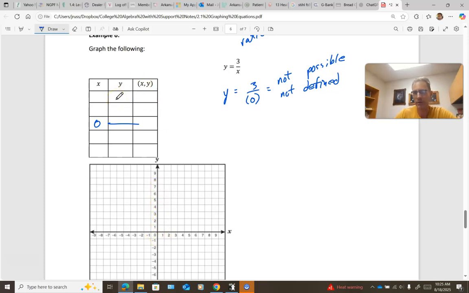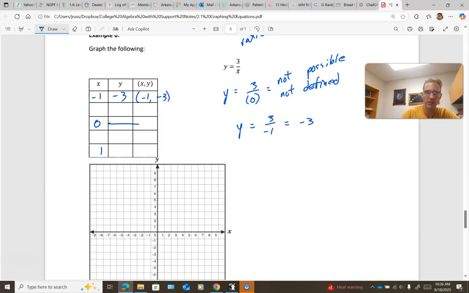Okay, so then what do I pick? Well, I can look at this and I can say, well, I could divide 3 by 1 or negative 1. Okay, so maybe I could use those values, negative 1 and 1. If I plug negative 1 in, I'd have y equals 3 divided by negative 1, which is negative 3. So that gives me a point.